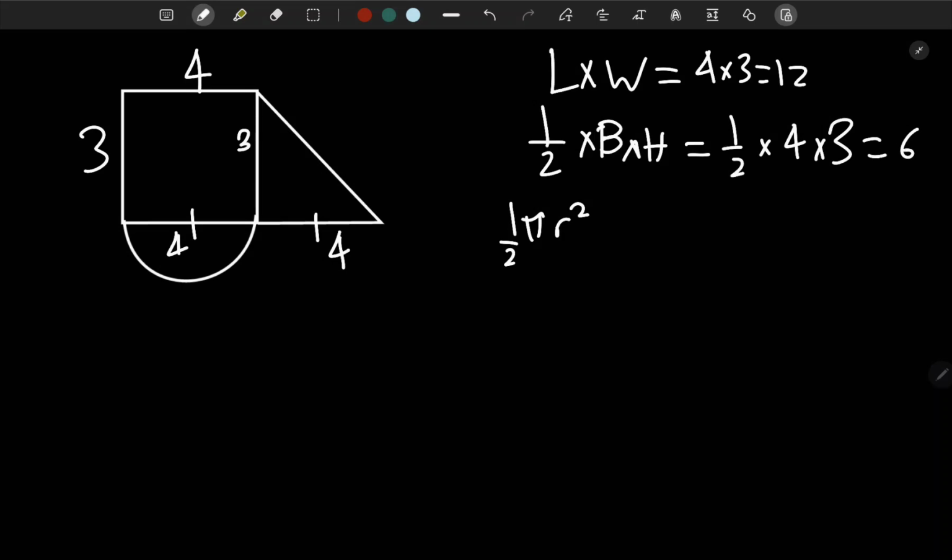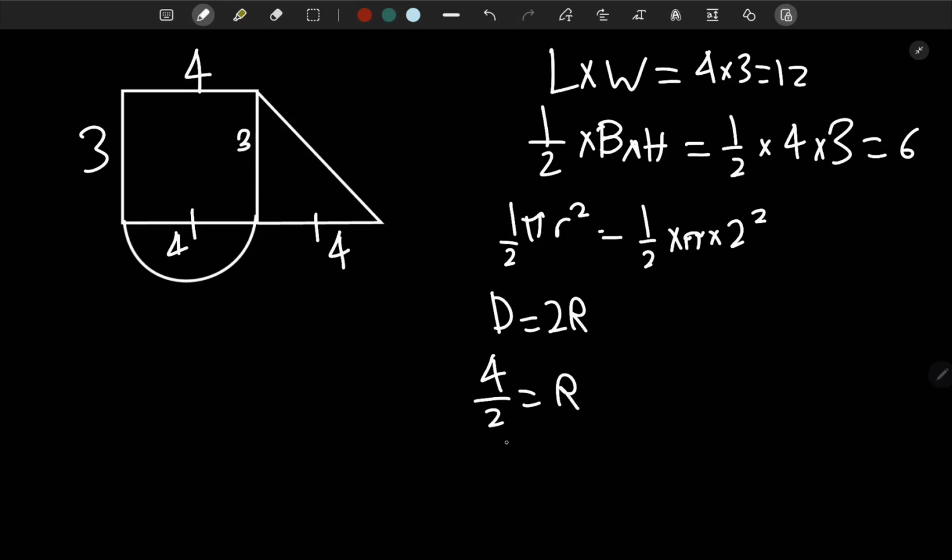For the triangle, it's going to be half multiplied by 4 multiplied by 3, since this is 3 and this is the height of the triangle, and this is 6. For the semicircle, it's going to be half times pi times r squared. R squared is going to be 2 squared, since 4 is the diameter, and diameter is equal to 2r, which is 2 radius. So with diameter 4, 4 over 2 is equal to r, and 2 is equal to r, the radius.